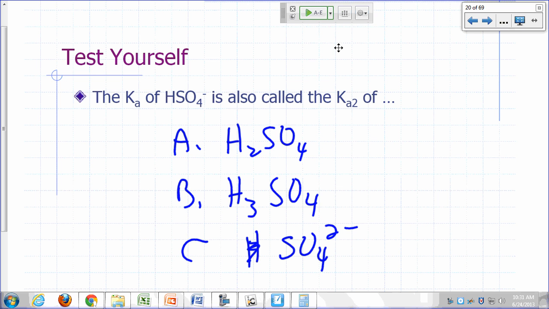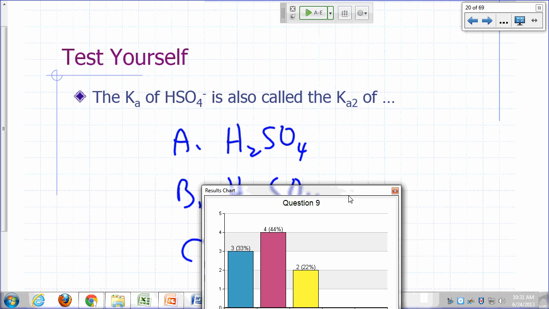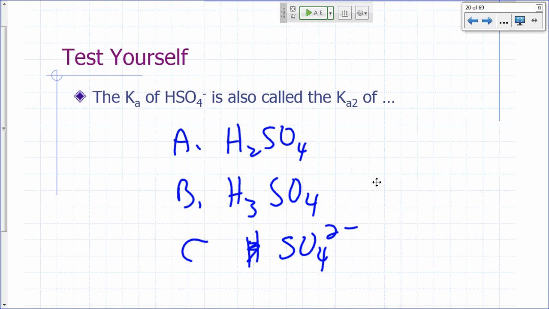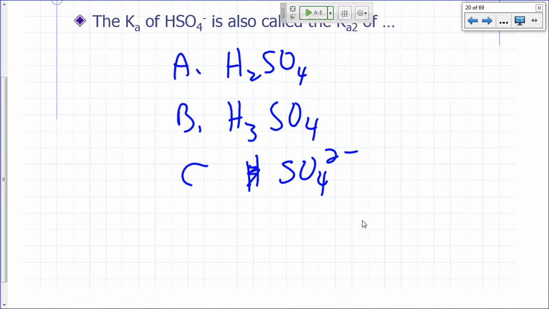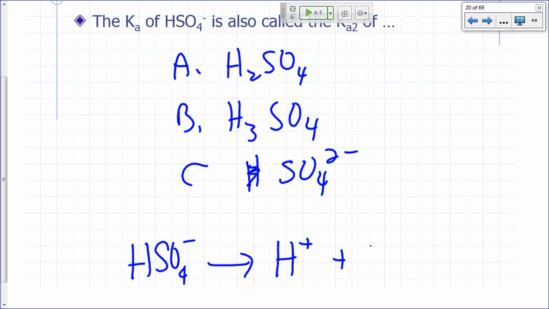Okay. This is the second step. How quickly you forget. Let's go over this again. Ka2 of what? What's Ka of HSO4 minus? Ka means it's donating a proton to water, right? So I can abbreviate that by saying HSO4 minus gives you H+ and sulfate. This is step 2.